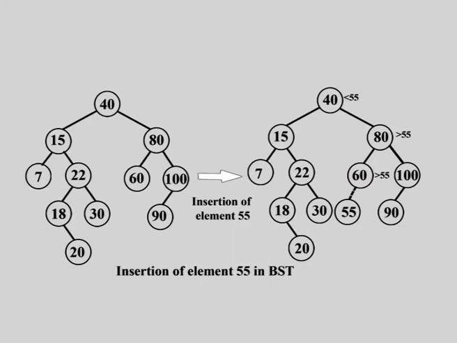As the element 55 is less than 60, there is no left child of this current node. Therefore, the element 55 will be inserted as the left child of the current node 60. Again, the point must be noted that the insertion of the new element always takes place as a leaf node.